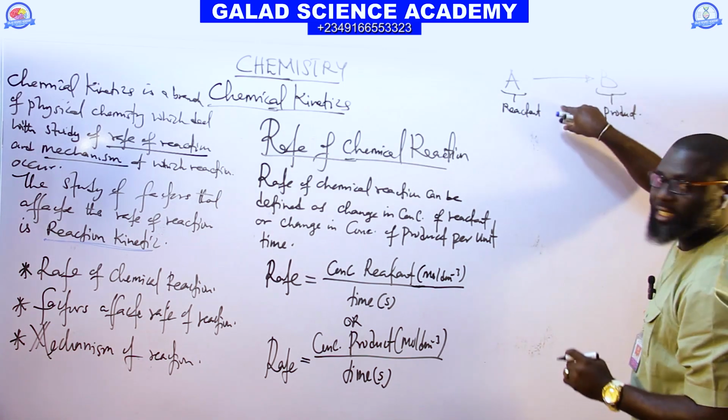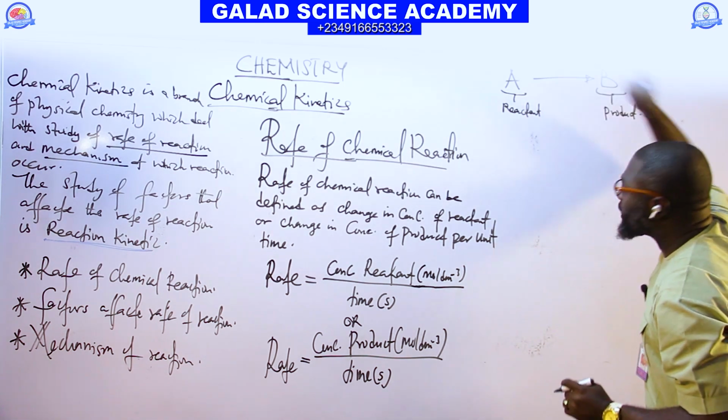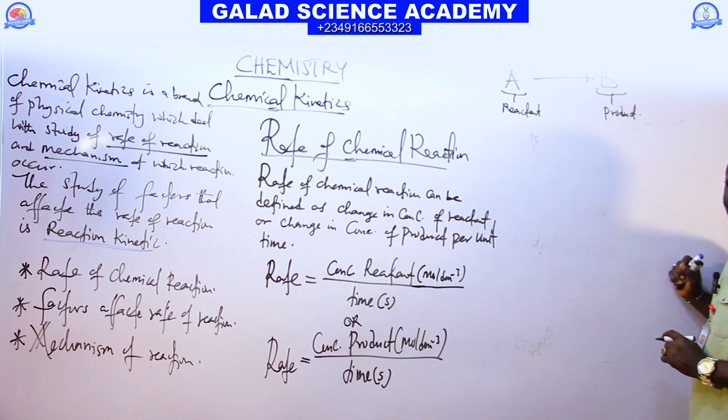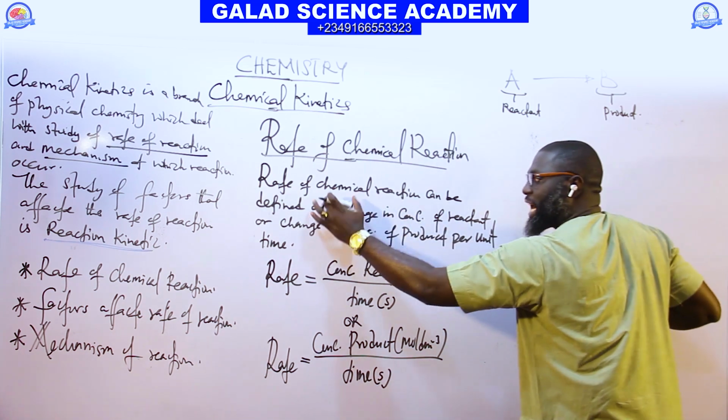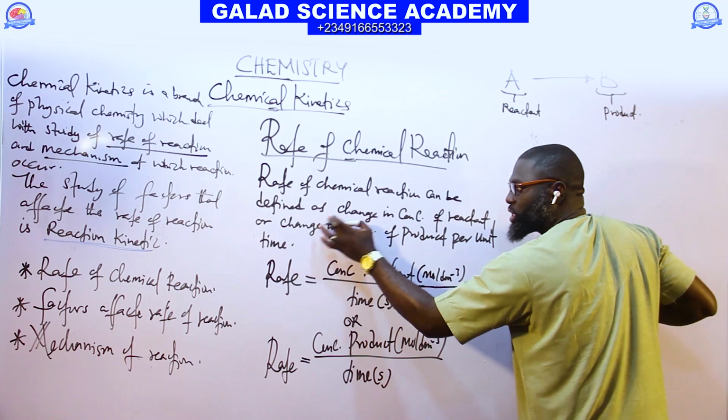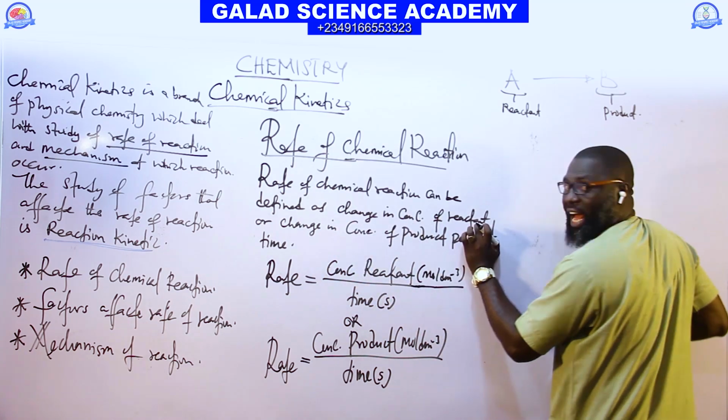If you are now asked the rate of this expression, from the definition, the rate of chemical reaction is defined as the change in concentration of the reactant.